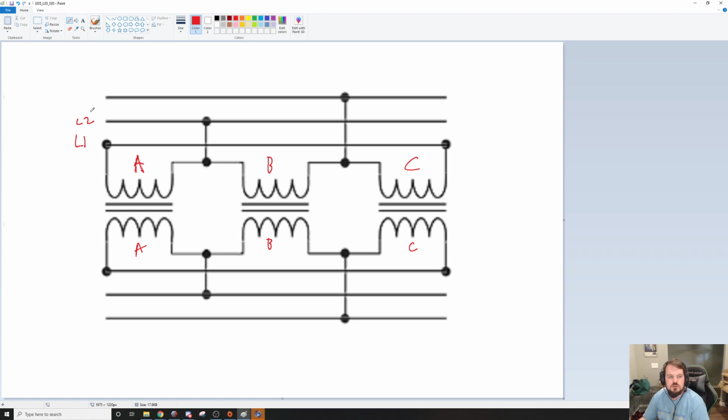L1, L2, L3. And then down here, it's still A and C are connected, then A and B and C.